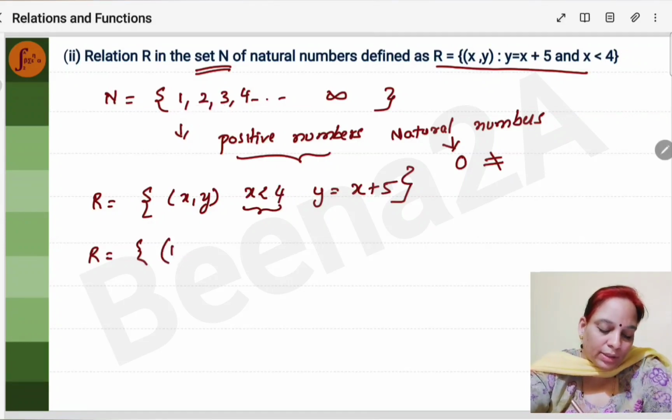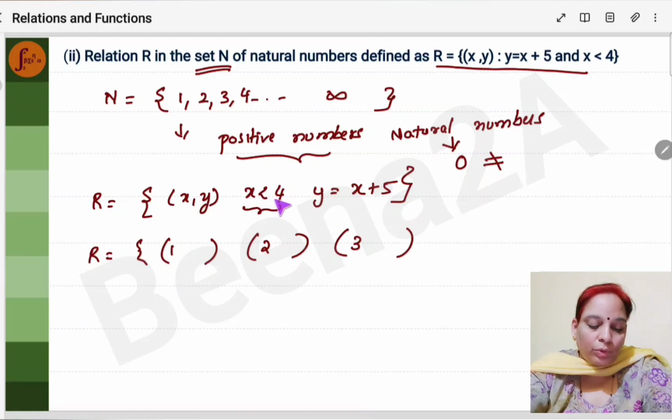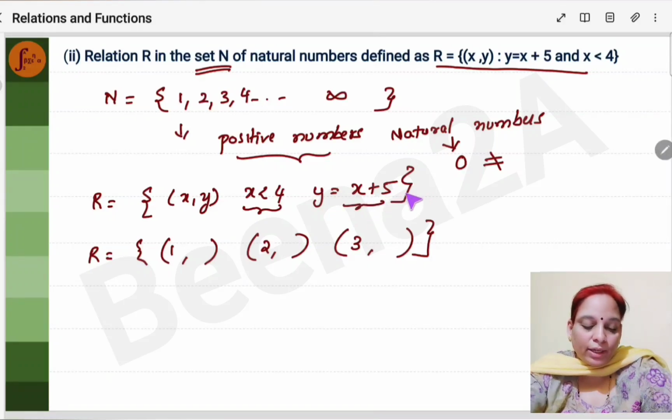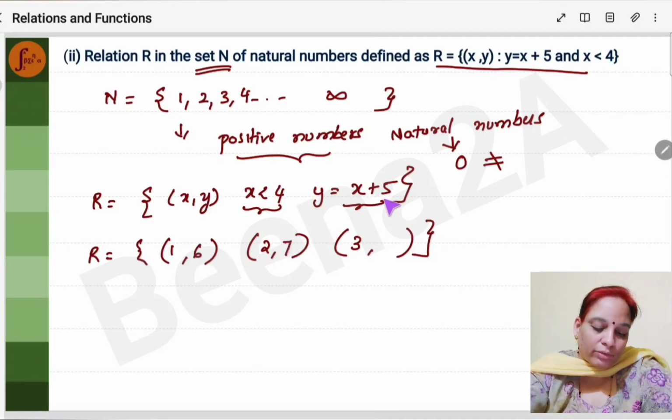It cannot be equal to 4 or greater than 4. It should always be less than 4. So now you have 3 ordered pairs basically. Now we need to find the second element. It's given by this equation, x plus 5. So you add 5 to x. 5 plus 1 is 6, 5 plus 2 is 7, 5 plus 3 is 8. So this is the relation.